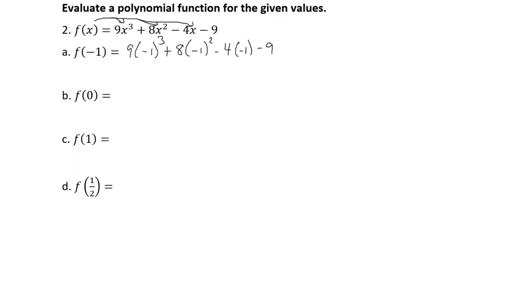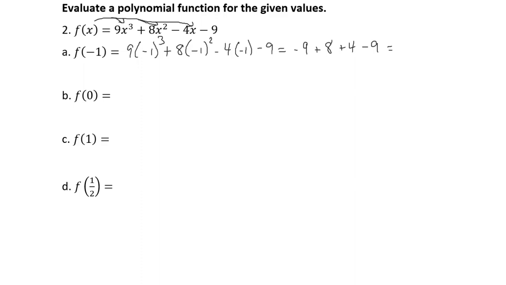So when plugging in a negative 1, all you're really doing is paying attention to the signs. Negative, negative, negative makes negative times 9, so that's a negative 9. Negative and negative makes positive times 8. You have plus 8. Negative 4 and negative 1 gives you plus 4. And then minus 9.